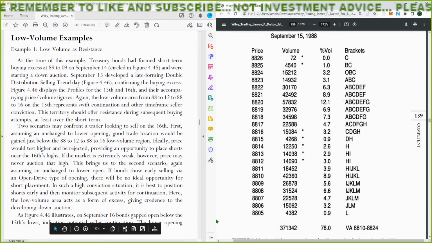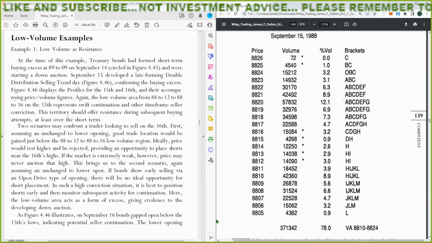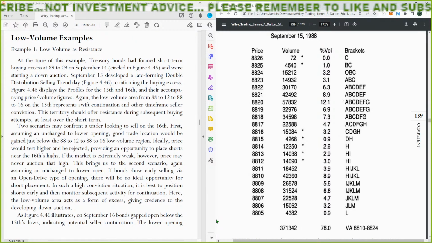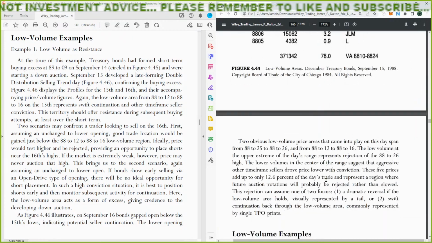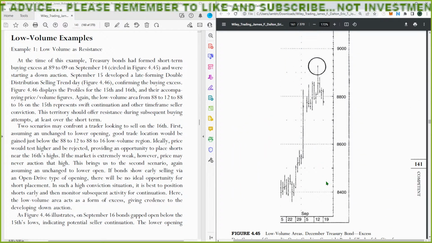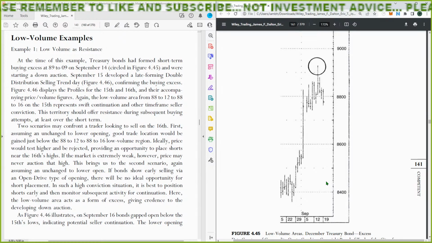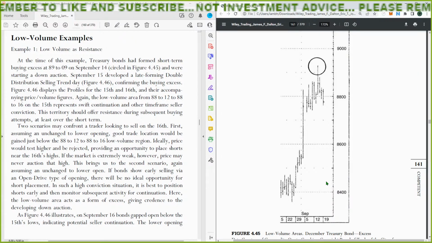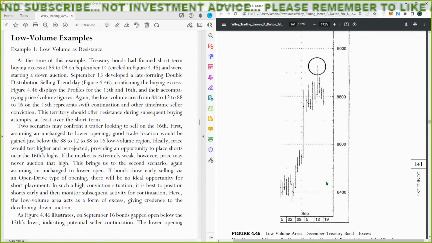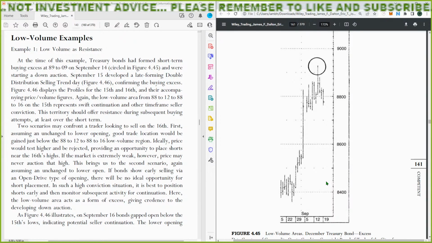Low volume as resistance. At the time of this example, Treasury bonds had formed a short-term buying excess at 89-09 on September 14th, circled in figure 4.45, and we're starting a down auction.